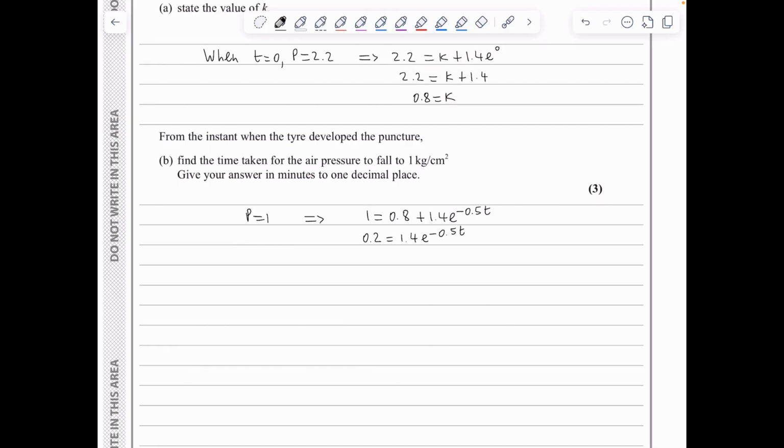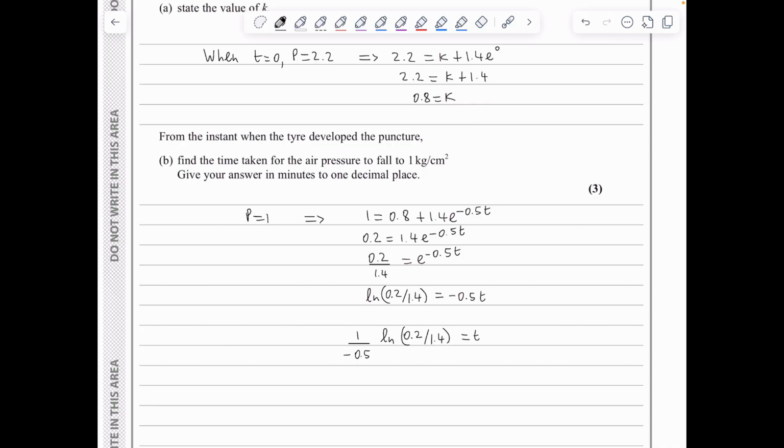I will divide both sides by 1.4. So 0.2 over 1.4 is e to the minus 0.5t. And I will now take a ln of both sides, taking me to ln of 0.2 divided by 1.4 being equal to negative 0.5t, and therefore I'll divide both sides by negative 0.5, so 1 over negative 0.5 ln of 0.2 over 1.4 is equal to t.